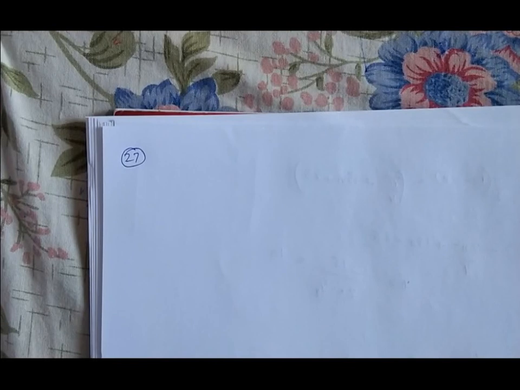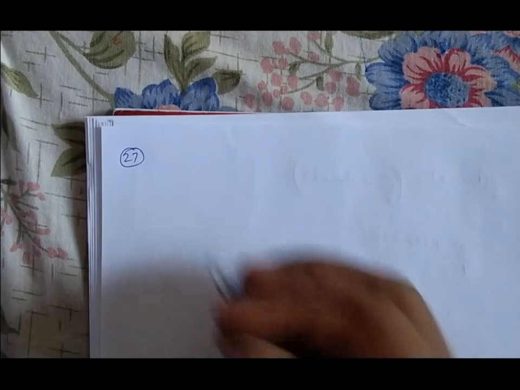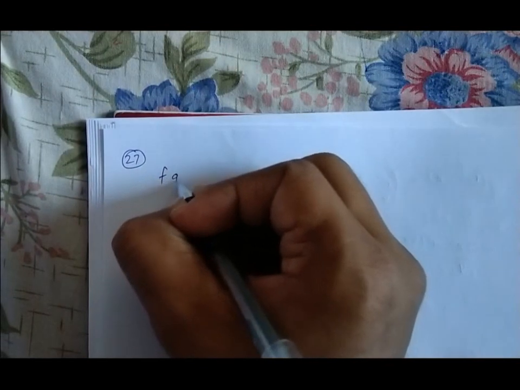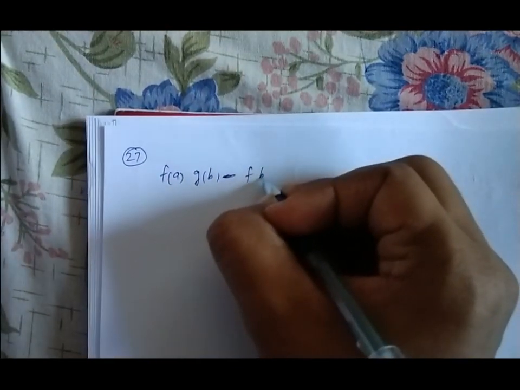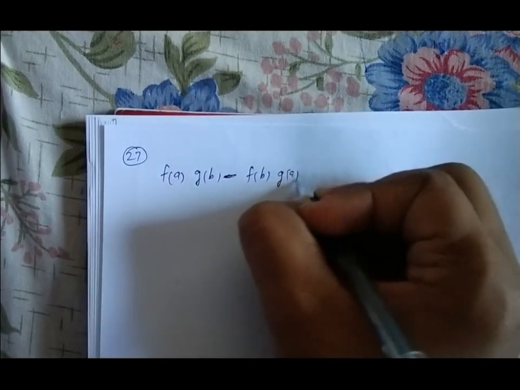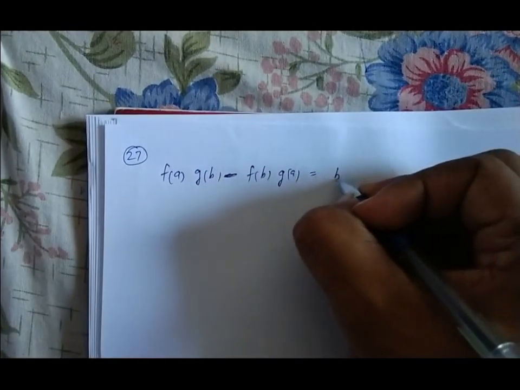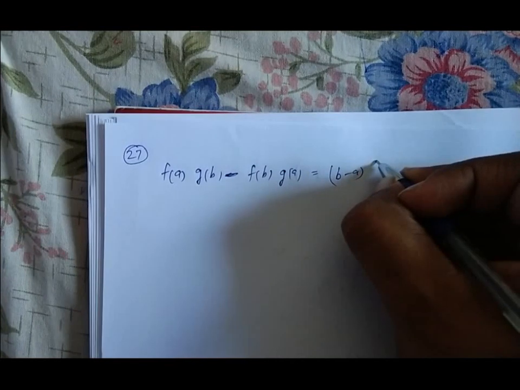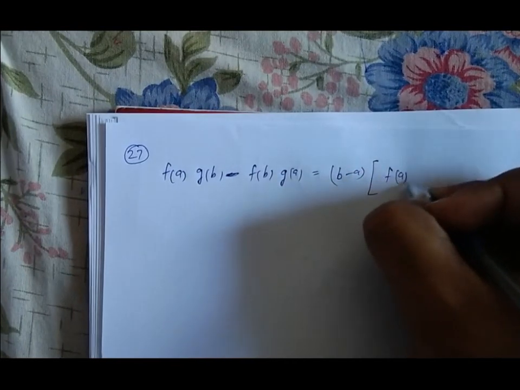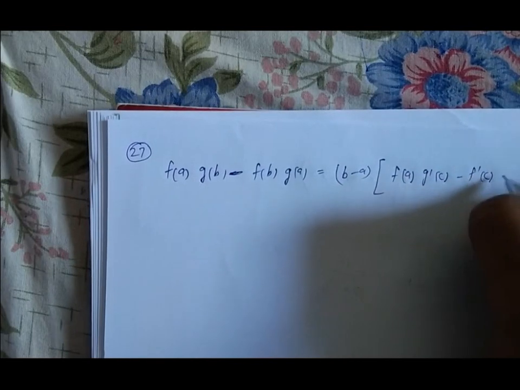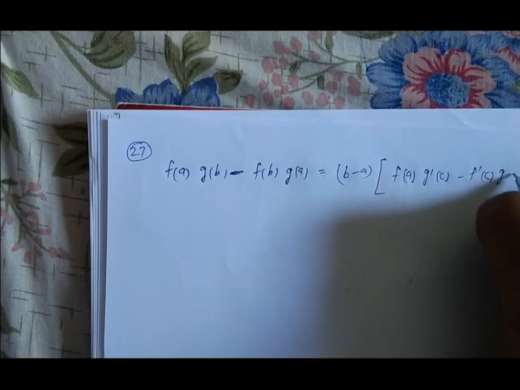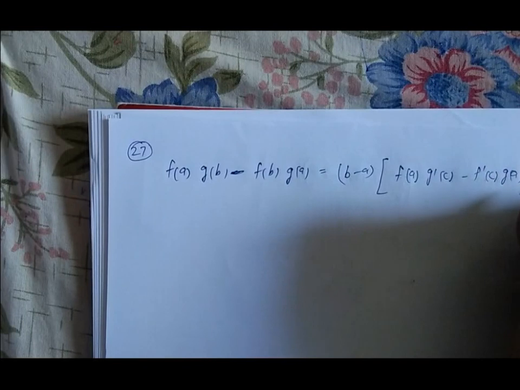Okay, so we need to prove that fa into gb minus fb into ga is equal to b minus a into fa g dash c minus f dash c ga.